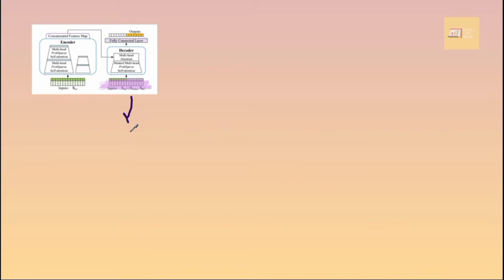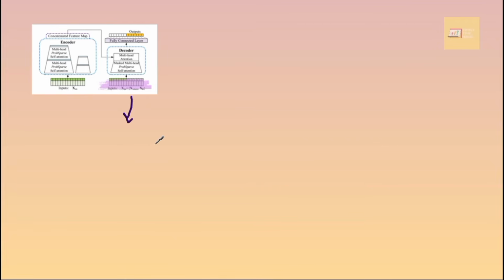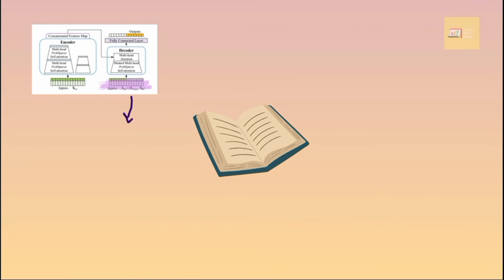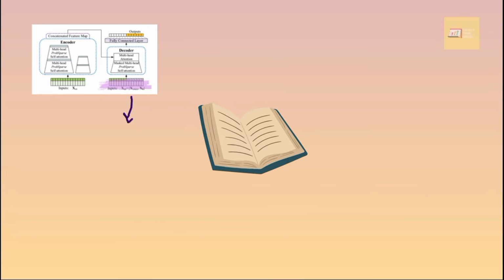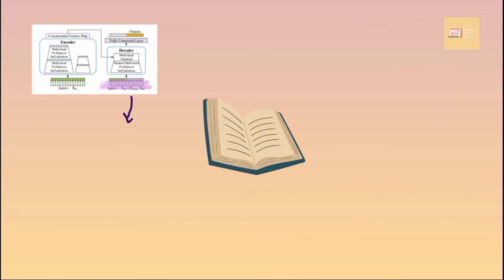Now for the X token, which is called label length in the coding section, it's about taking the start token. So this idea is adapted from the reading comprehension task. Let's say that we have a passage and then we have a question. We need to find the answer from the passage, right? And those models need the start token to mark the start of the answer.